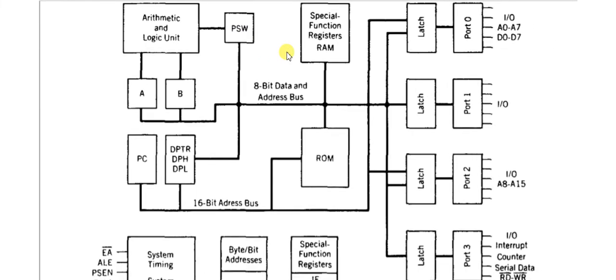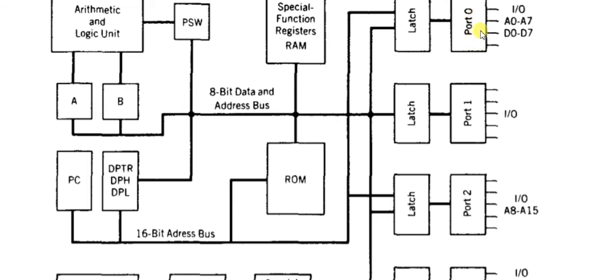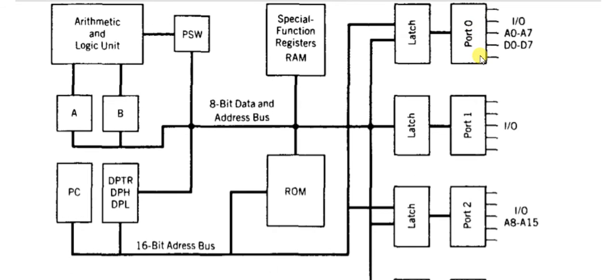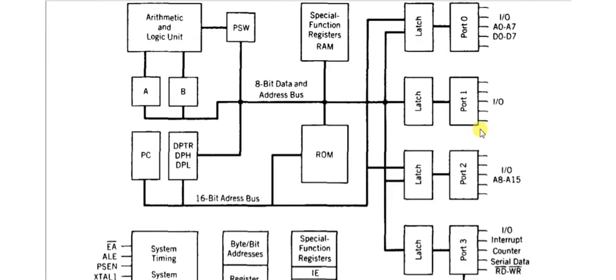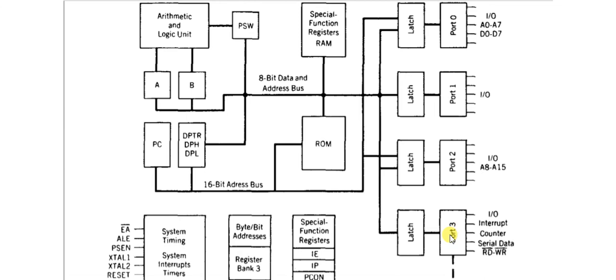Now you can see that there are 4 ports. We have 32 IO pins available in the 8051 microcontroller, divided into 4 groups of 8 pins: port 0, port 1, port 2 and port 3.